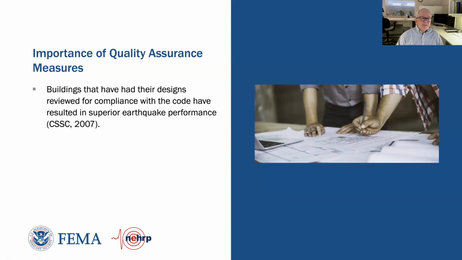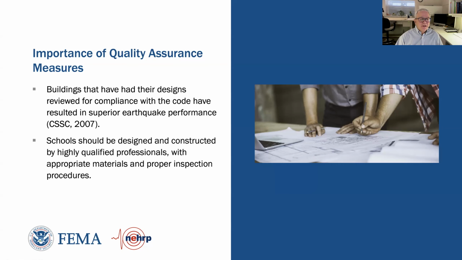Buildings that have had their designs reviewed for compliance with code have resulted in superior earthquake performance. So this is another level of review for school buildings that has proven to be, through a report by the California Seismic Safety Commission in 2007, highly effective in catching any mistakes or things that are not seen in the original design.